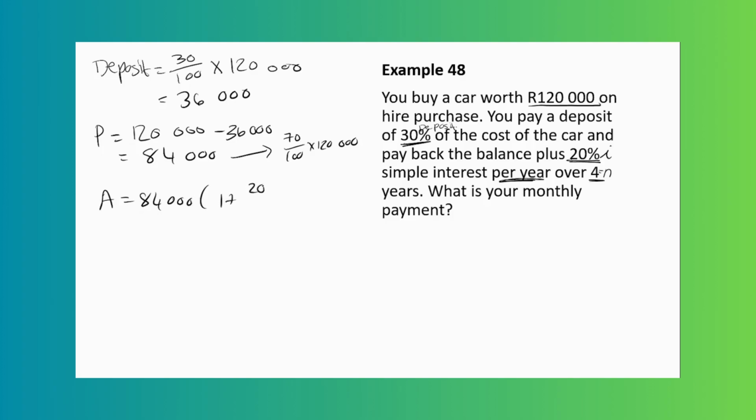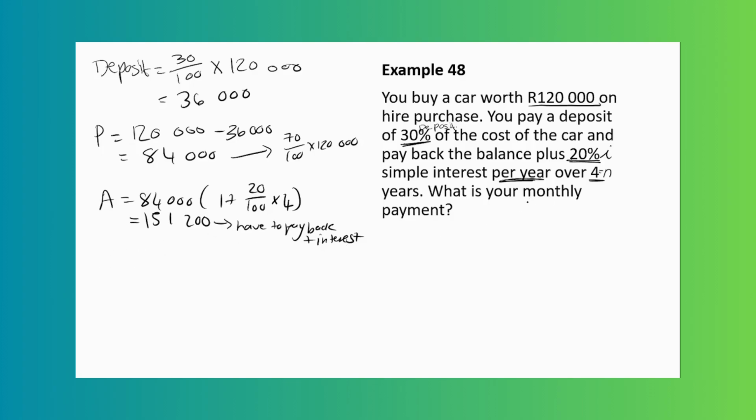So our interest rate is 20%, just insane, times our amount of years, which is 4. You put it in your calculator, and you'll get 151,200. Okay, again, now you see it's more than what the car actually costs. That's normal. Yeah, it's not nice, but it's normal. Okay, so this 151,200 is what we still have to pay back with our interest.